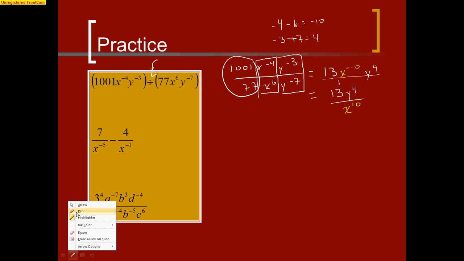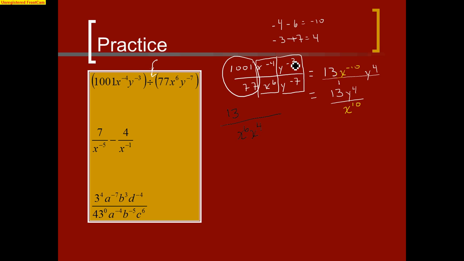So I'm going to do this problem another way, just so you can see. 1001 divided by 77 is always going to be 13. But what if I chose to move these down to the denominator from the very beginning? I still have x to the 6 down there, and I move x, drop it, and negate the exponent.